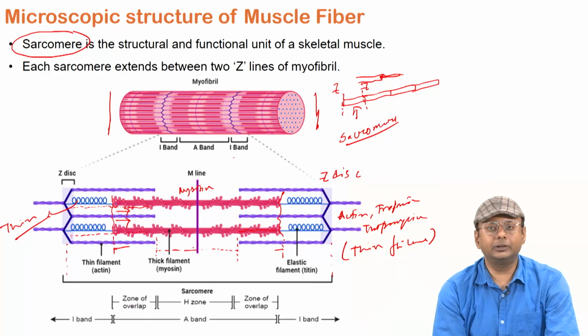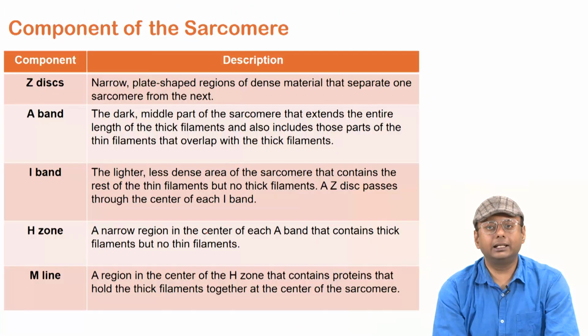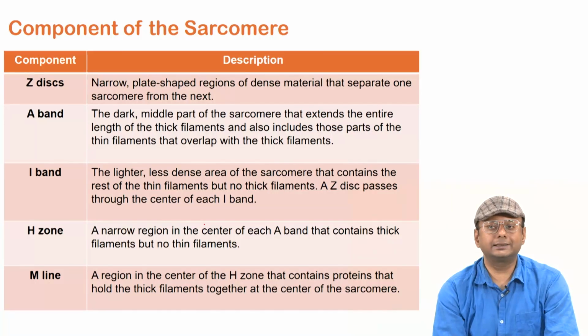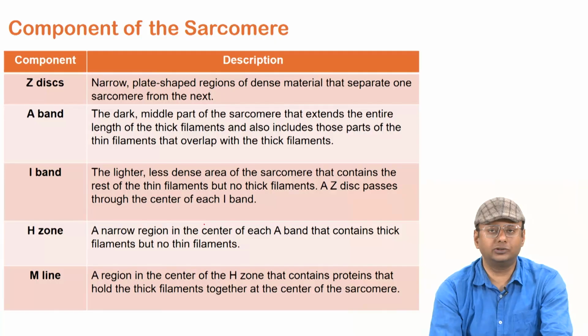There is no thin filament here, so only pure myosin is present in this middle area, which is called the H zone. Inside the H zone there is also an M line. The M line is the center of the H zone that contains certain proteins to hold the thick filaments together at the center of the sarcomere.